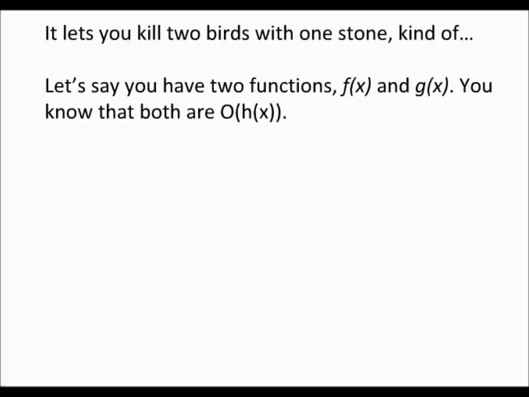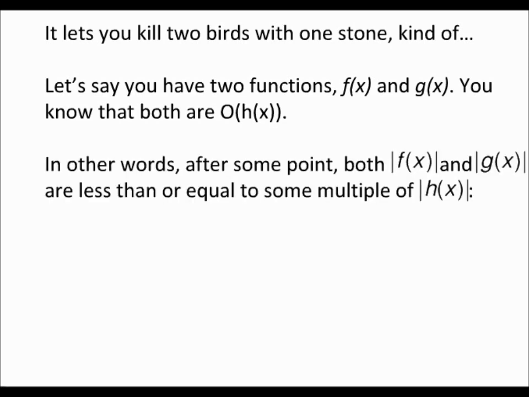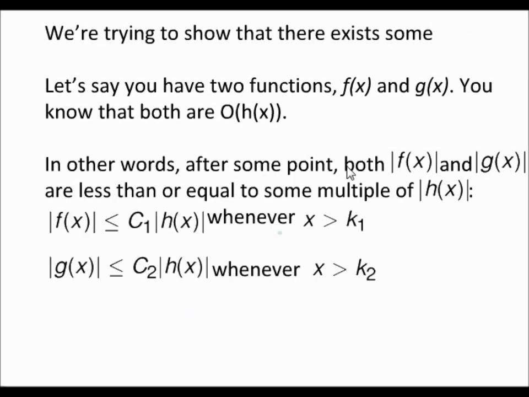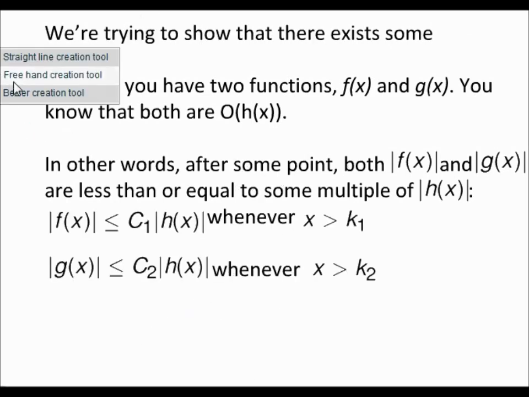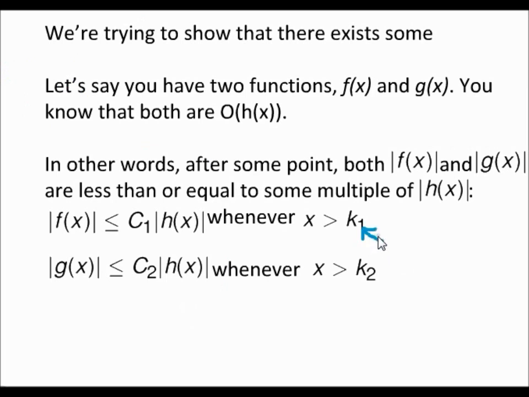Let's say you have two functions, f of x and g of x, and you know that both are big O of h of x. What does that mean? Well, it means that you know that h of x grows faster than f of x. It means that you know that h of x grows faster than g of x, which formally means this. After some number k1, the absolute value of h of x is always going to be greater than or equal to the absolute value of f of x with this little fudge factor.